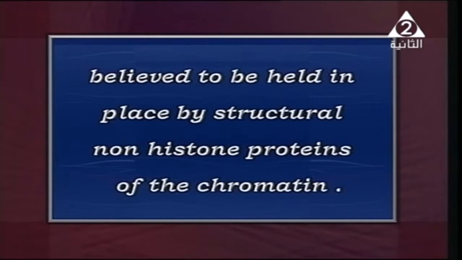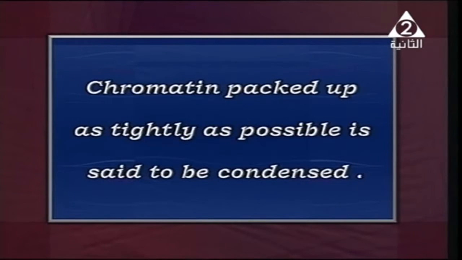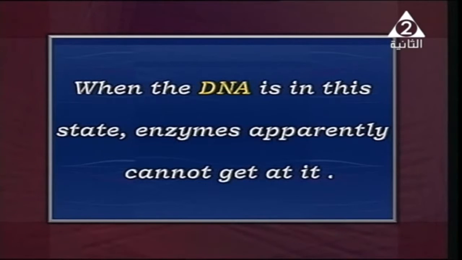These are held in place by structural non-histone proteins of the chromatin. The chromatin packed up as tightly as possible is said to be condensed, highly intensified. When the DNA is in this state, the enzymes apparently cannot get at it.